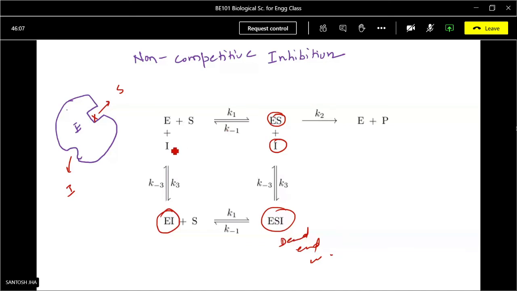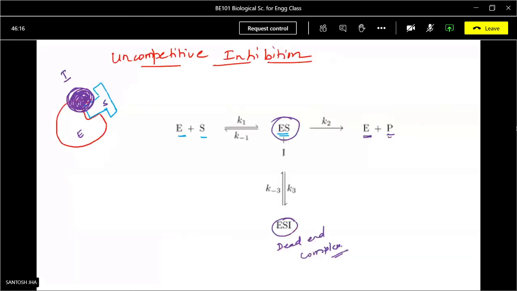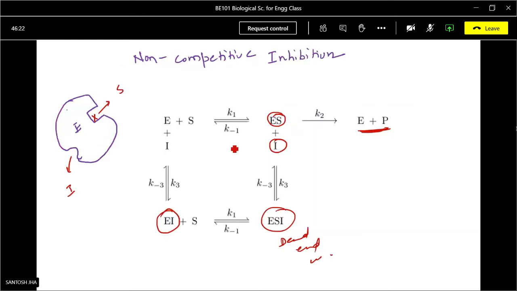If there is no binding of inhibitor, it can convert into the enzyme and product. So this is non-competitive inhibition. In uncompetitive inhibition, the inhibitor can only bind with the enzyme substrate complex. But in non-competitive inhibition, the inhibitor can bind either with the free enzyme or with the enzyme substrate complex.